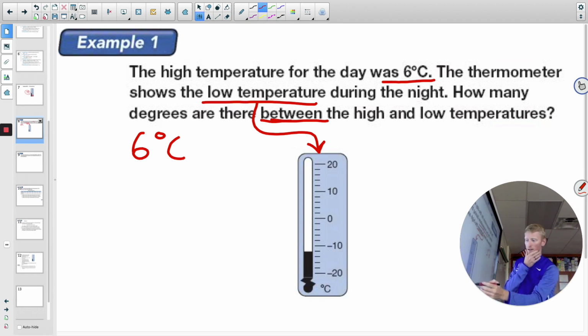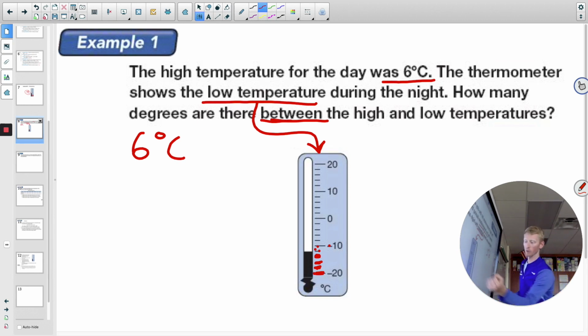Well, let's see. Not every number is labeled. That means I need to figure out what each of these little lines means here. Okay, so if this is minus 20 and I have 1, 2, 3, 4, 5 of them, that takes me to minus 10. That means each of them would be worth 2. So negative 10, negative 12, negative 14, negative 16, negative 18, negative 20.